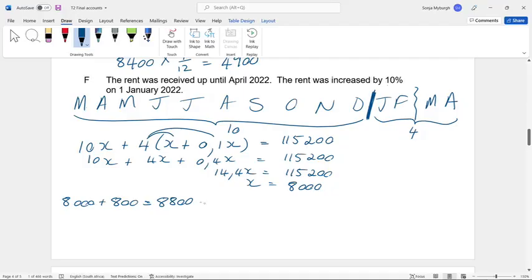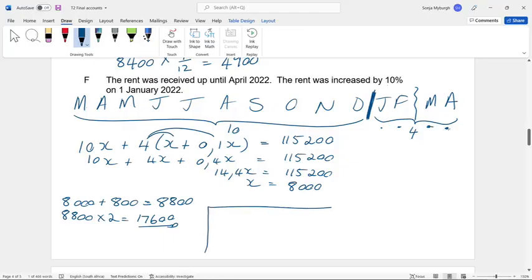Therefore, if we multiply that by 2, 8,800 times 2, we get the amount in advance, 17,600. For these months, 10 months, it was 8,000. 8,800, 8,800, 8,800. Those two 8,800s in advance. So that's the one method.